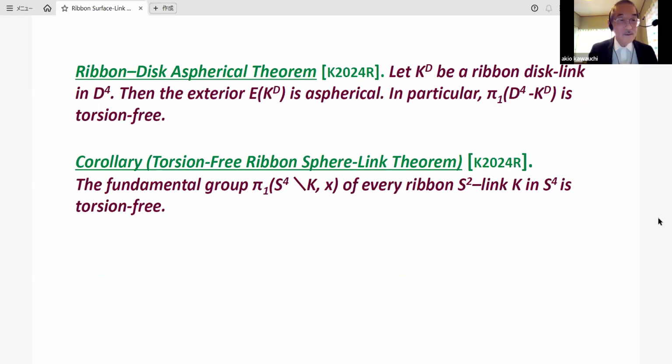Essentially, this means the following ribbon disk aspherical theorem, which says let K_D be a ribbon disk link in D^4, then the exterior of K_D is aspherical. In particular, the fundamental group of the ribbon disk link K_D is torsion-free. So the corollary is obtained: the fundamental group of every ribbon S^2-link is torsion-free.